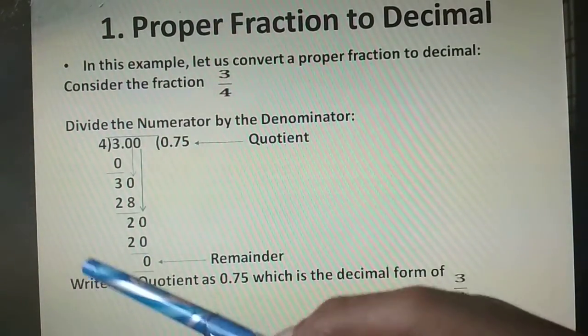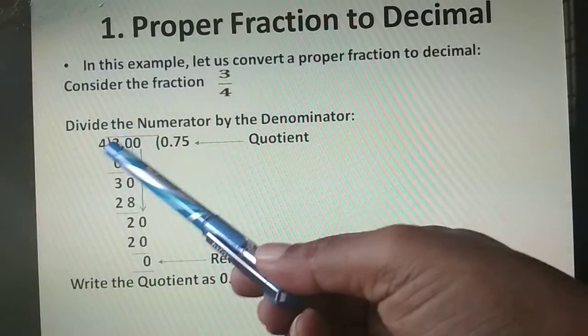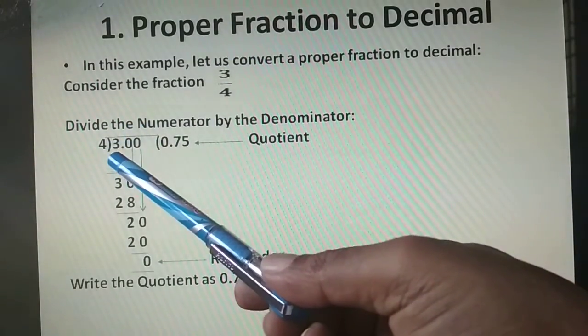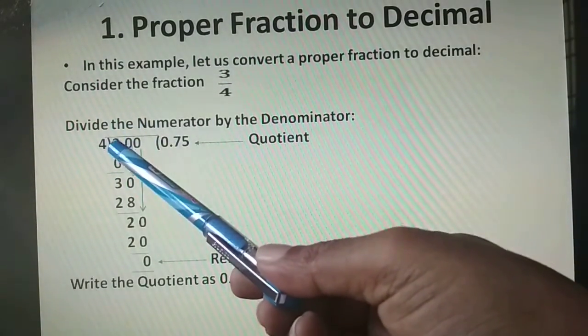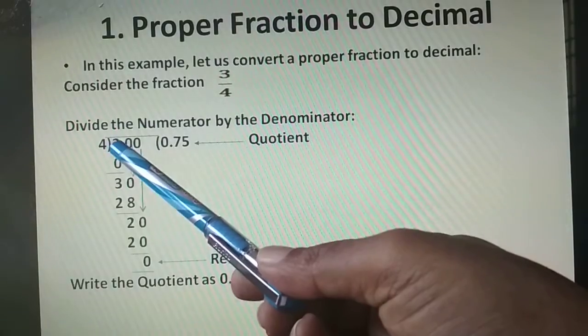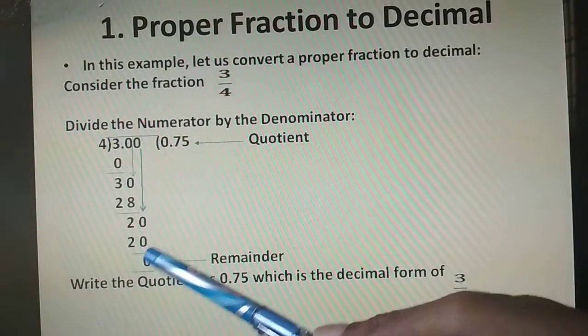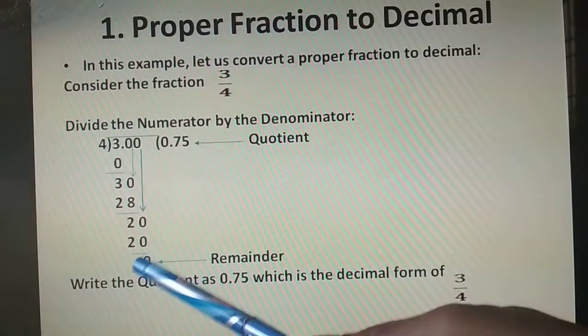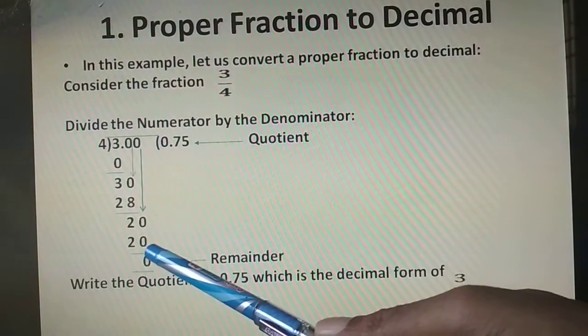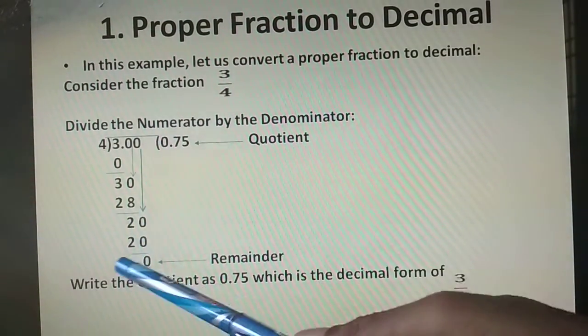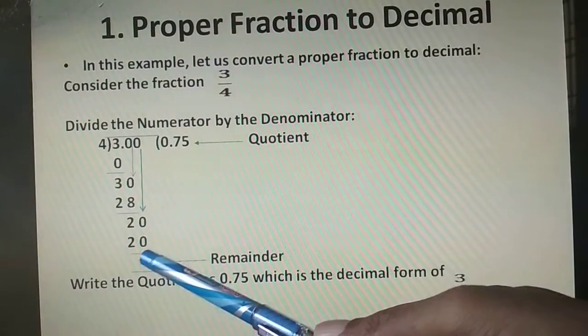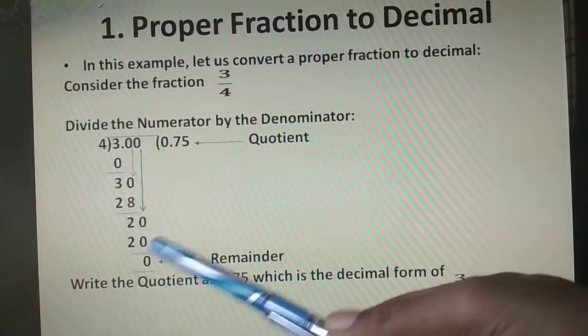This is a process actually. First we divide the numerator by the denominator, then put a decimal point after the integer part and start doing the division till you get the remainder 0. Continue this division process till the remainder is 0. Sometimes we may not get a 0 remainder even after 2-3 places.